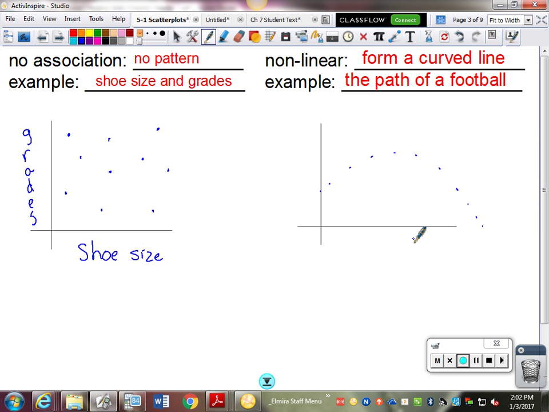Lands on the ground. So there's a pattern to that data, but it's not a line. And in 8th grade, we spend most of our time focused on linear data. But when you go to algebra next year, you will be talking about nonlinear data like exponential data and quadratic data. Now those are not vocabulary words you need to know right now, but it's coming next year.